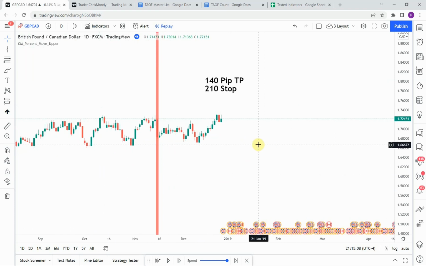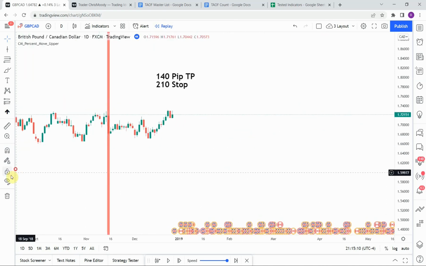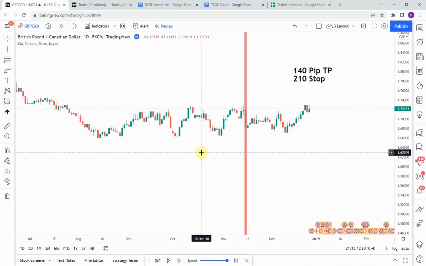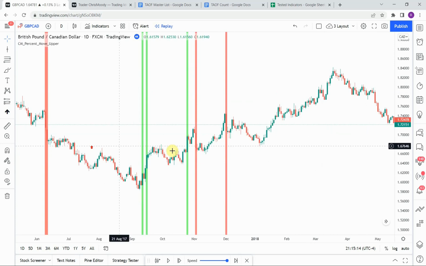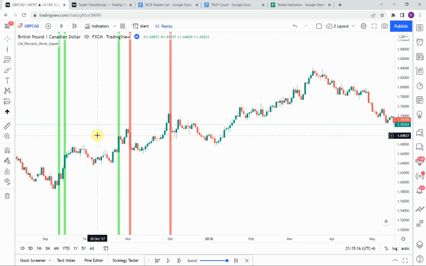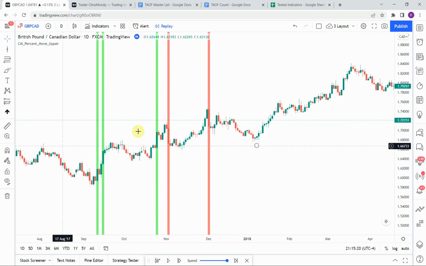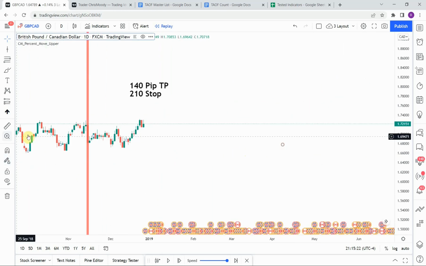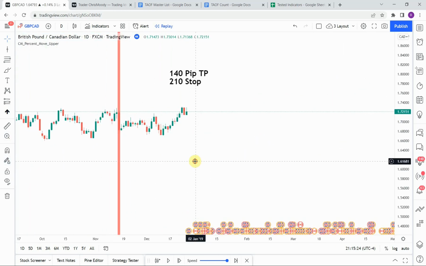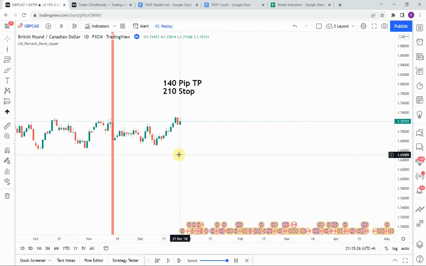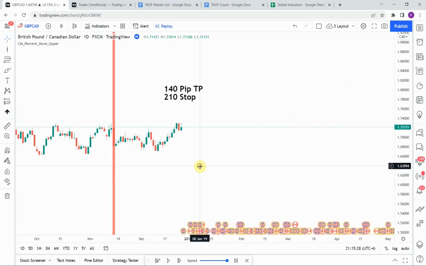And so the setup is when we get a red line, we are going to go short. When we get one of the green lines, we are going to go long. That's what we're looking for. Let's go ahead and get on with the testing and see what we can get out of it.